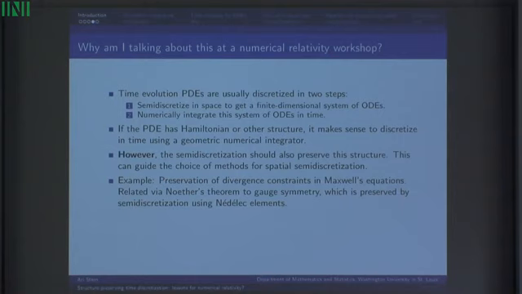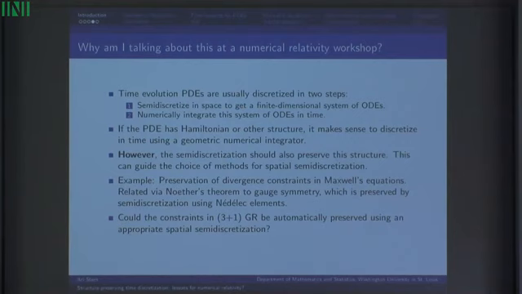Turns out this is related via Noether's theorem to gauge symmetry, and we can preserve this gauge symmetry if we semi-discretize using Nedelec edge elements. And looking at the preservation of some of these structures in computational electromagnetics led to the development of various techniques, including finite element exterior calculus, for really describing why these things have the spatial structure preserving properties that they do.